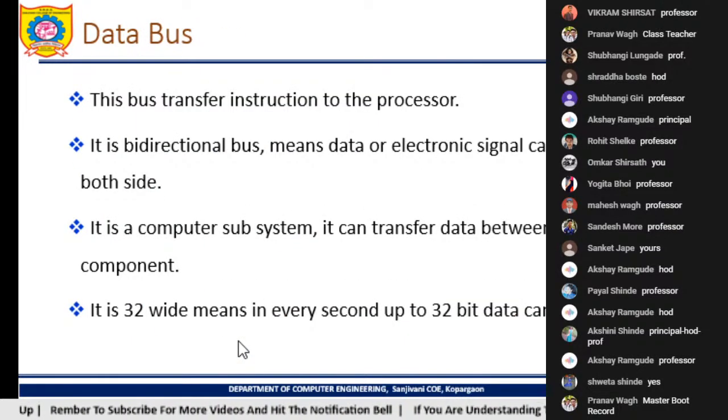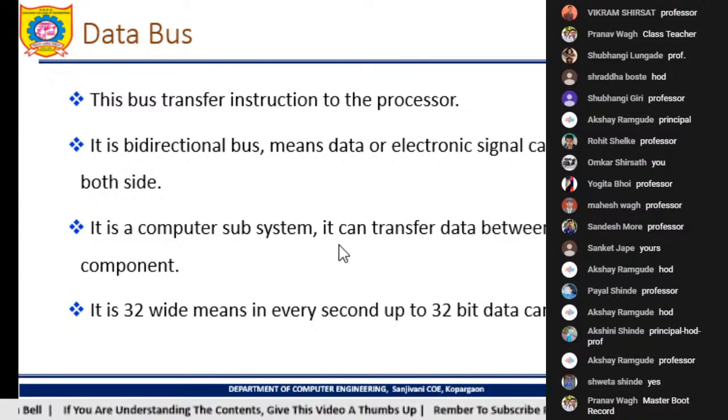Next one is data bus. This is also called buffer bus, which is used to store data for a temporary period if you are saying primary memory, and for a longer period of time if you are saying secondary memory. This bus transfers instructions or data to the processor. This is bidirectional, means data or electrical signals can be transferred in both directions.